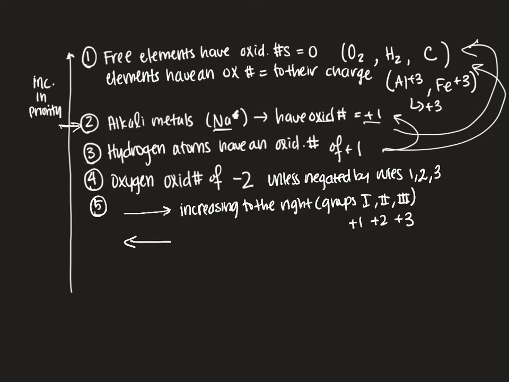Going the other way, oxidation numbers decrease going to the left, starting from the right end of the periodic table, from -3 on the far right side to -2 and then -1.